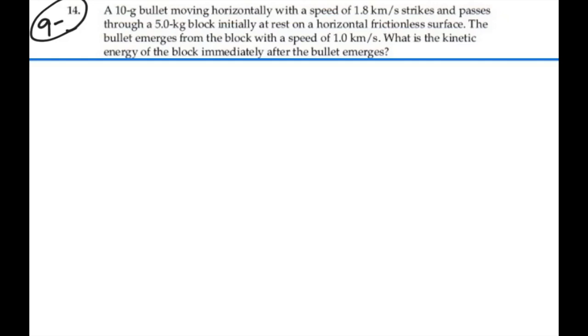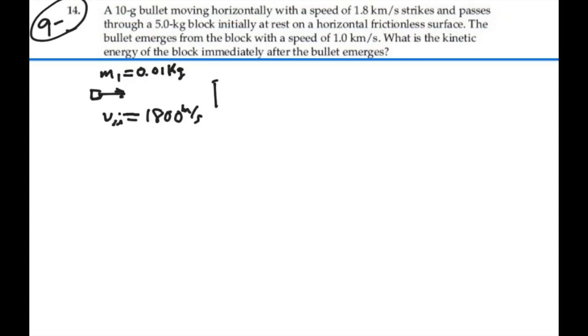So let's take a look at this situation. We have a bullet. Let's call that mass 1. And it's 10 grams, so that's going to be 0.01 kilograms. And it's moving with a velocity v1 initial equal to 1,800 meters per second.